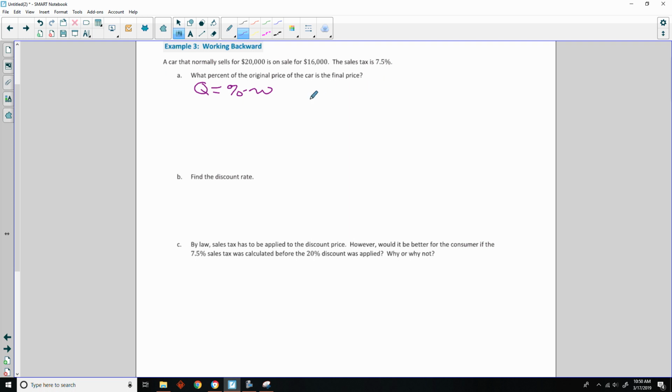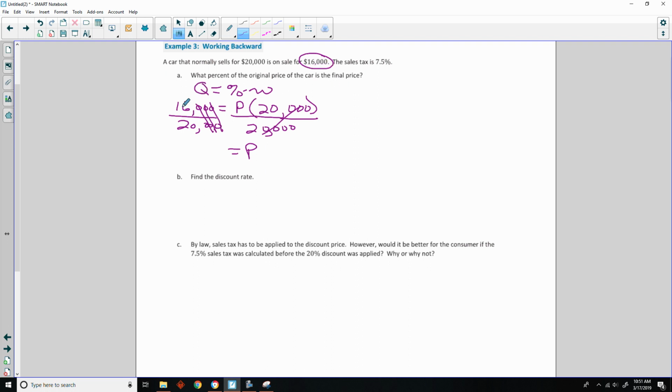Okay, and the quantity in this case is the on sale price, which is 16,000. And that equals some percent, and we're going to call that P, times the original price, the whole price, which is $20,000. So if I divide both sides by the original price, these cancel, and I get P equals, zeros cancel.